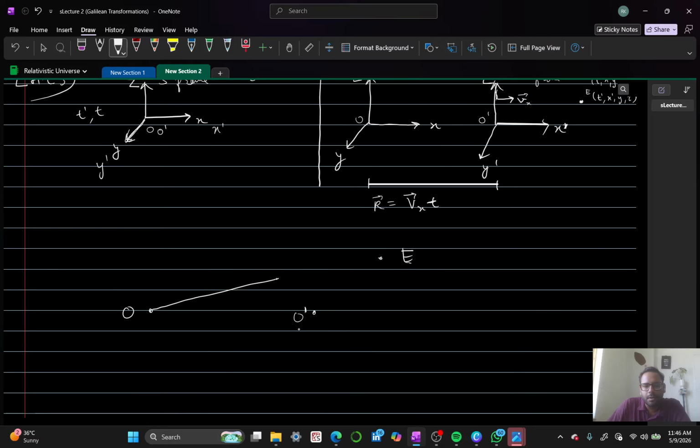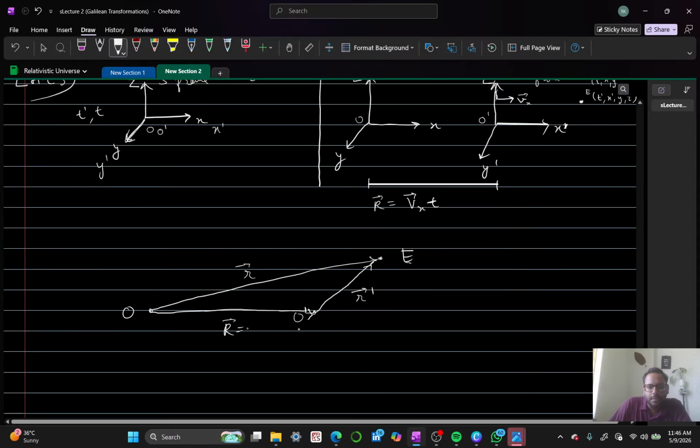I will draw a vector from O to E and call it r vector. And I join O prime to E, and call it r prime vector. And this vector we have defined already, this is my capital R vector, which is time dependent.